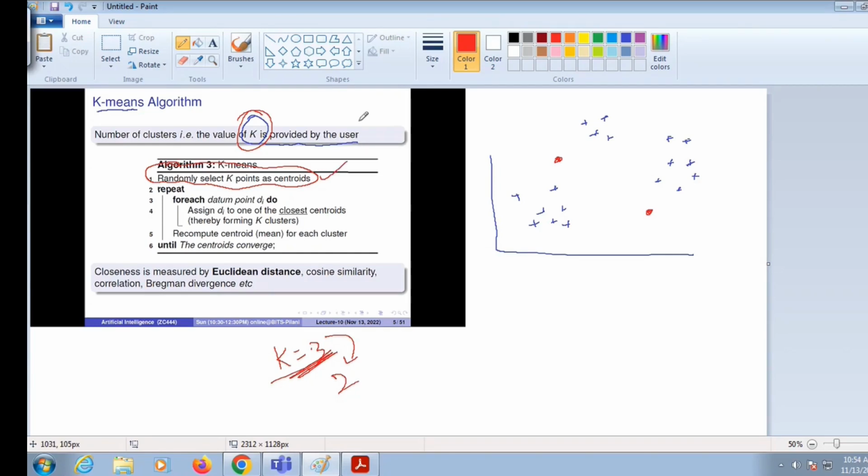Everybody clear about this? The next step is that we have to repeat this: for each datum point, assign it to the closest centroid.